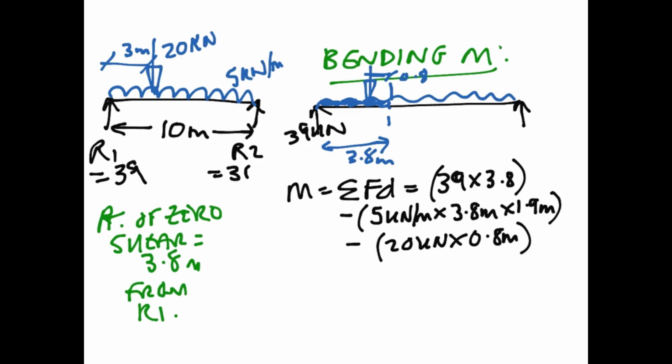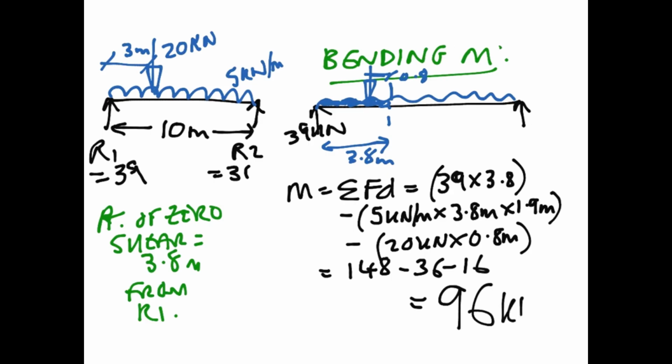So again, pause if you're struggling to keep up. So that is equal to 148, just rounding, minus 36 minus 16, which is equal to 96 kilonewton metres. And that is acting at 3.8 metres from R1. So there you have now worked out with a point load and a UDL how to work out where the maximum moment occurs and how to calculate that moment.